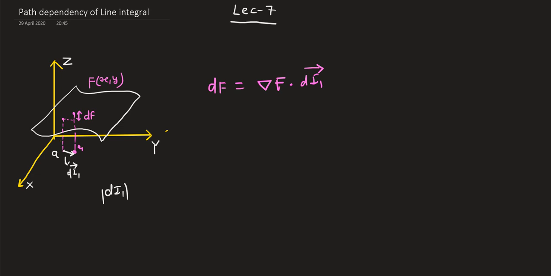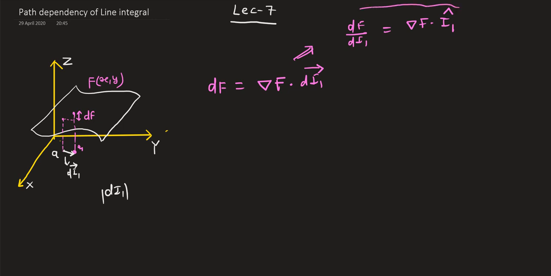If you go one step forward, we discussed that df by dl1 is given by del f dot the unit vector, because when you divide this dl1 vector by its magnitude, you simply get the unit vector in that direction.